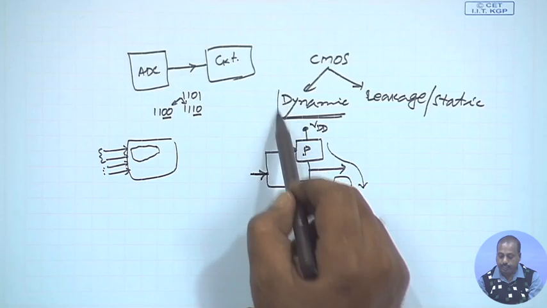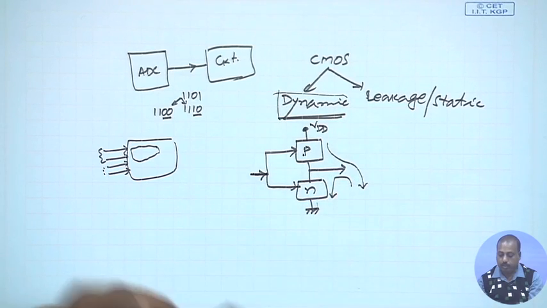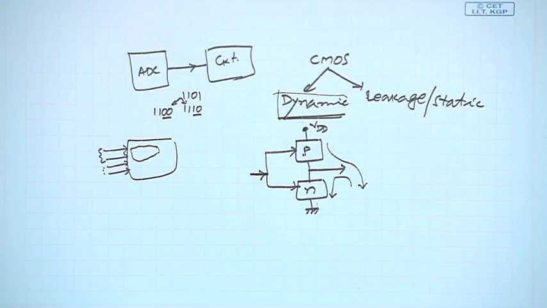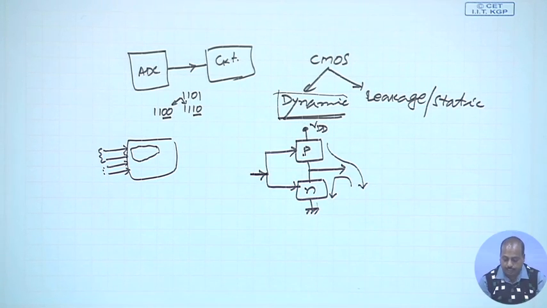That is why in CMOS, the majority of power consumption is due to dynamic power, which occurs when the switching occurs. If there is no switching at the input, then naturally the circuit gates will not switch. As a result, they will not consume any power. So this is what is controlled here.